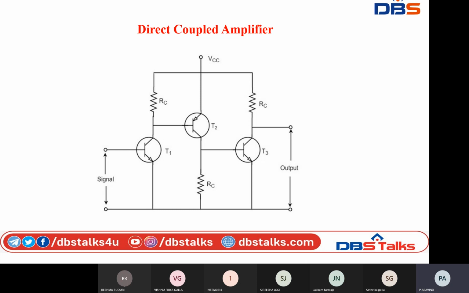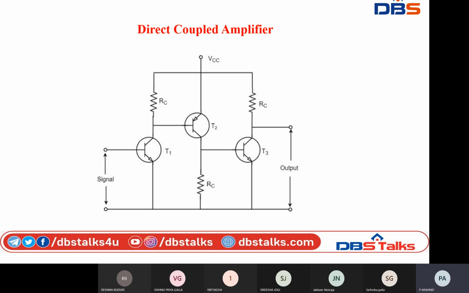The advantages of a direct coupled amplifier are that the circuit arrangement is simple because of minimum use of resistors, and the circuit is low cost because there are no expensive coupling devices.